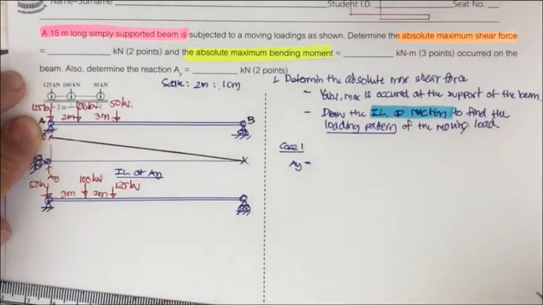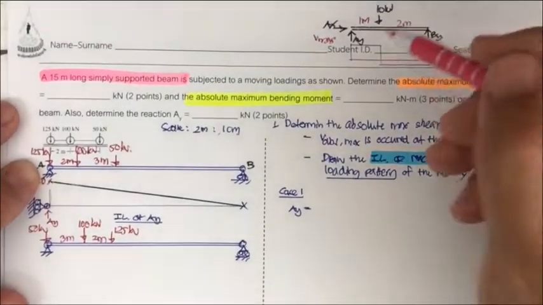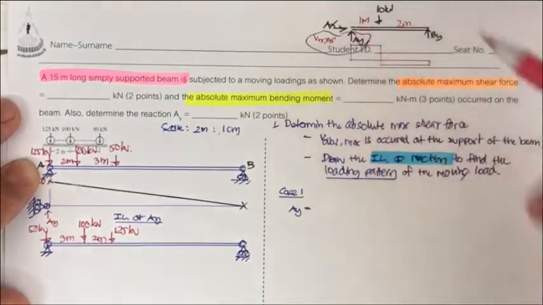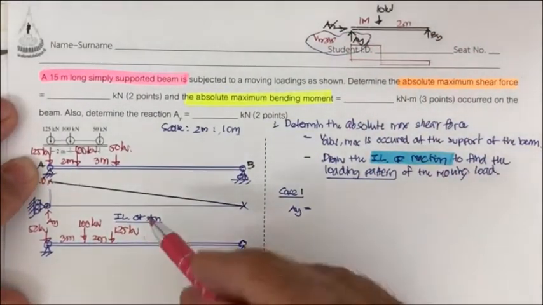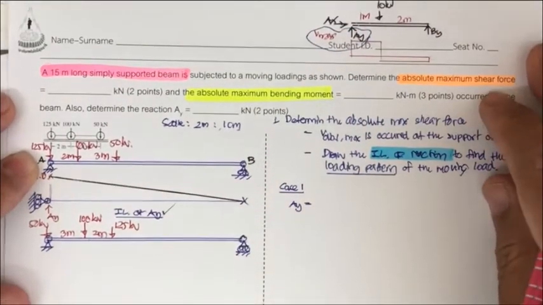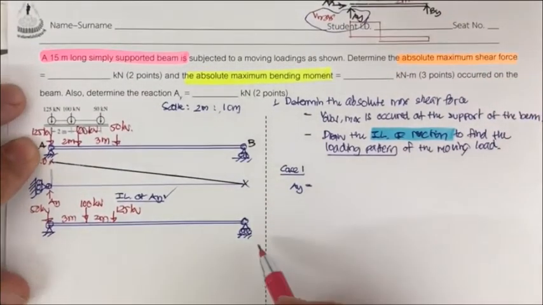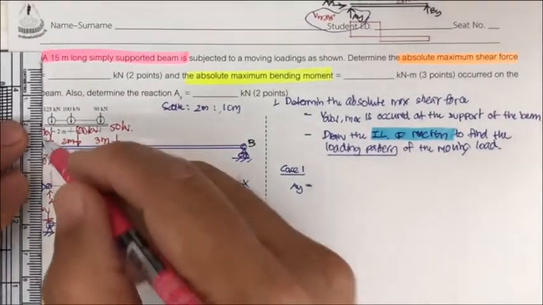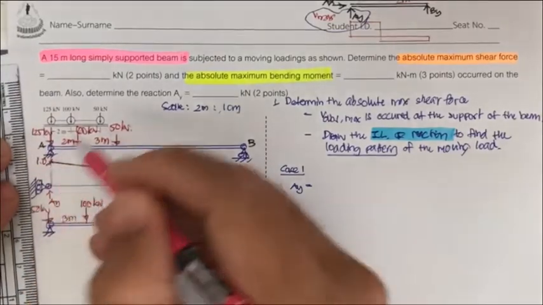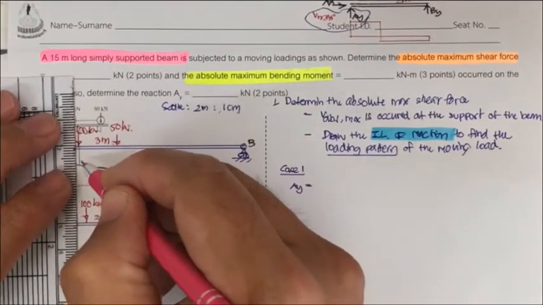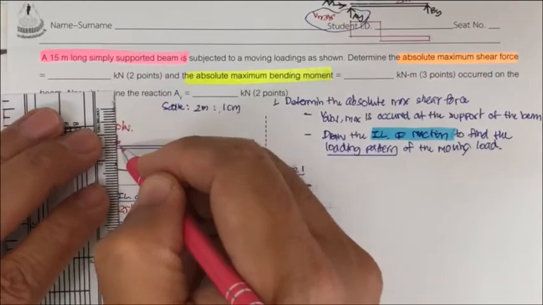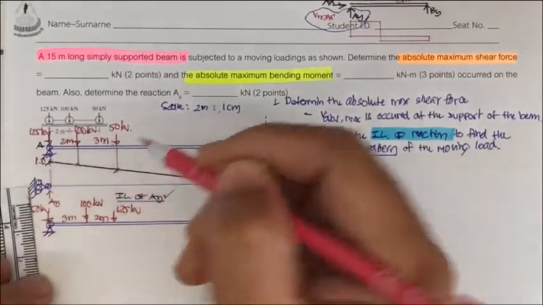As I mentioned, the V max and the A sub y will be the same. So that's why we draw the influence line of A sub y. So this case will be what? This case is going to be this 125 times this, and this one times this, and this one times this.